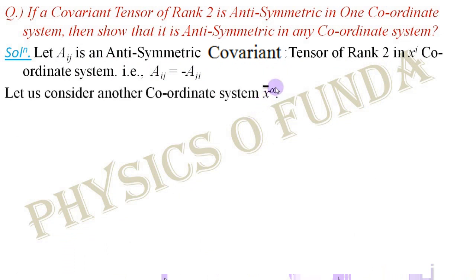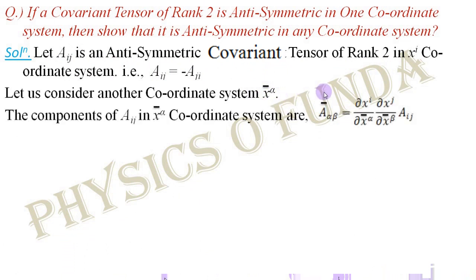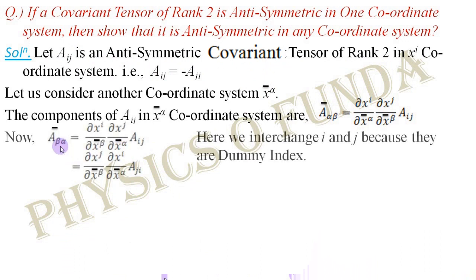Now we consider another coordinate system x bar alpha, which is nothing but the barred coordinate system. We consider the transformation equation in the barred coordinate system like this. If we write the tensor in the barred coordinate system in a different way, that means A bar beta alpha, then we have to swap the position of alpha and beta. Here the position of alpha and beta is swapped.